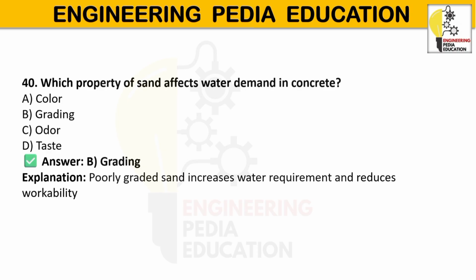Poorly graded sand increases water requirement and reduces workability. Particle shape and grading of sand mainly affect the water demand of concrete. Finer sand, higher water demand. Angular sand, higher water demand. Rounded and well graded sand, lower water demand. This is because of increase in surface area.